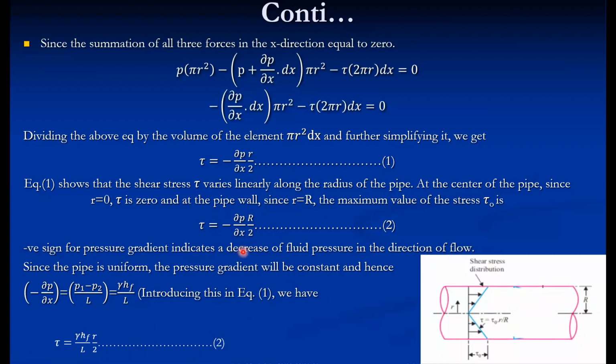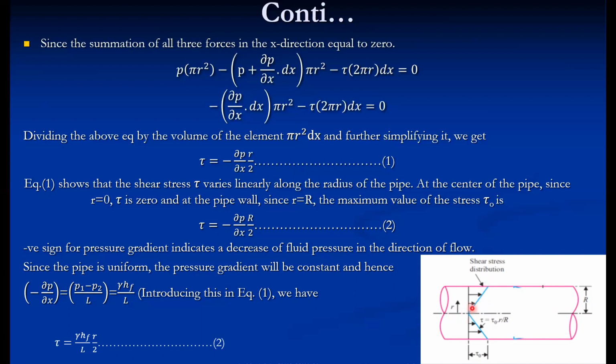From equation 1, this is the variation of shear stress across the cross section, for any cross section of fully developed laminar flow, along the r direction. As r increases, the value of shear stress increases.